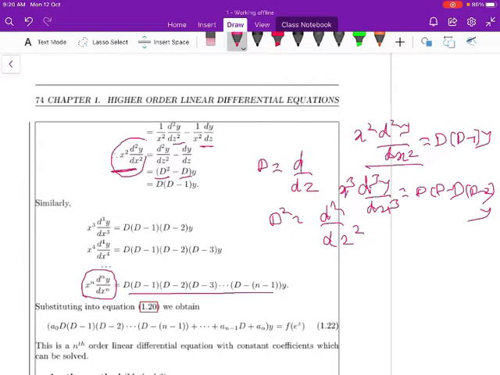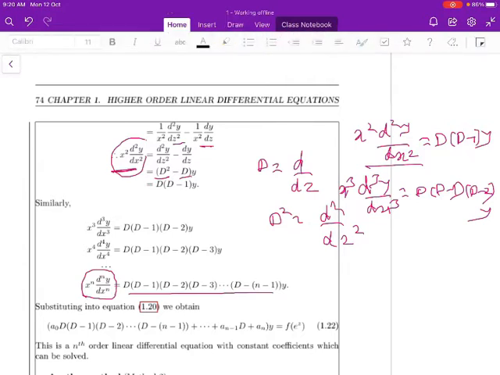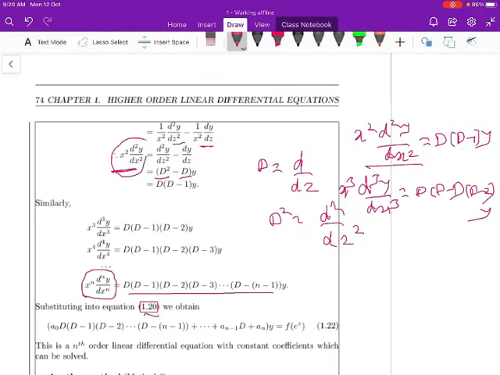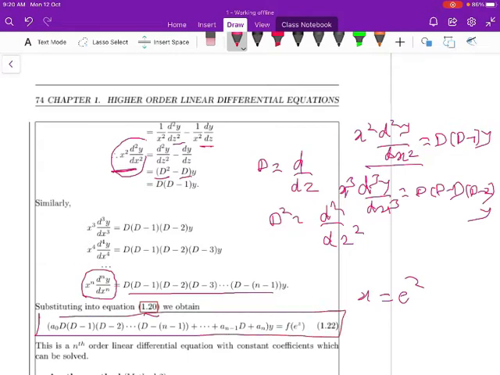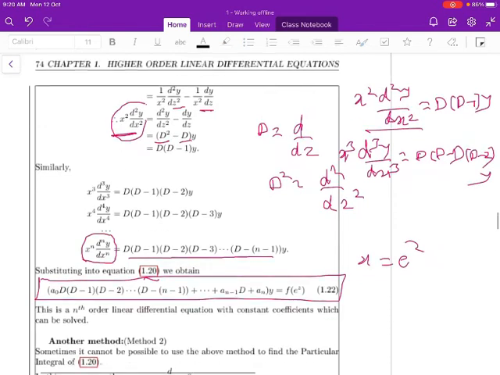Substituting x into dy by dx, x square into d square y by dx square and so on, in equation 1.20, we get a naught into D, D minus 1, D minus 2 and so on, plus a n into y is equal to f of e power z, because I have taken the transformation x equal to e power z. So equation 1.22 is a linear differential equation with constant coefficients.